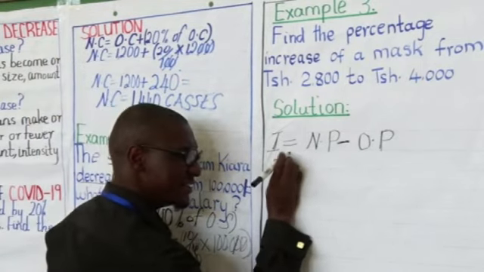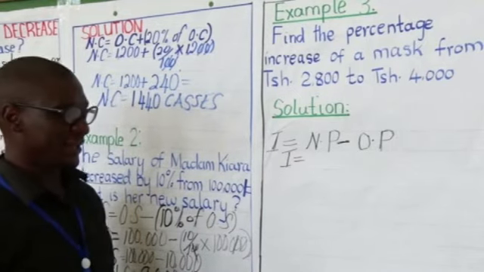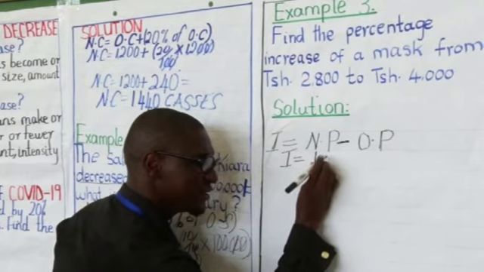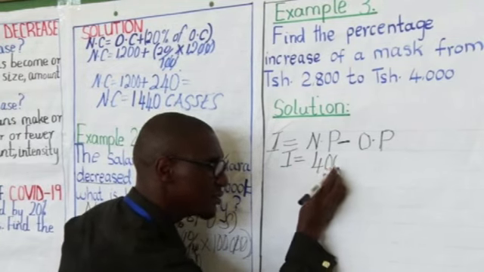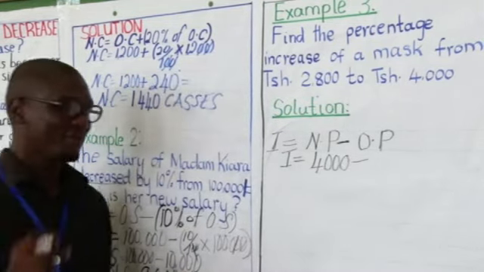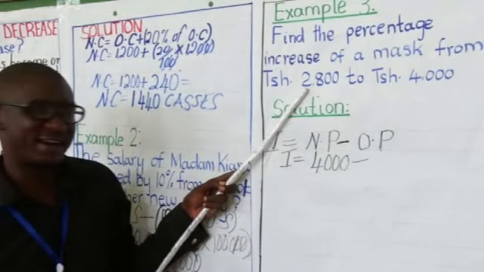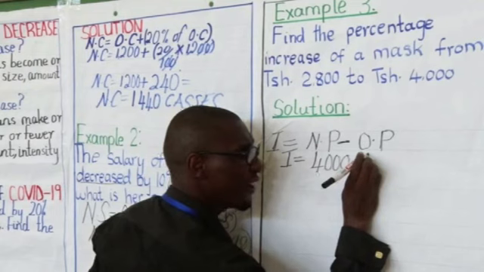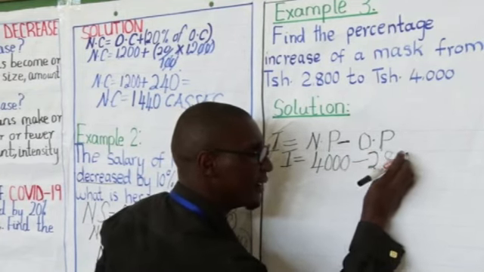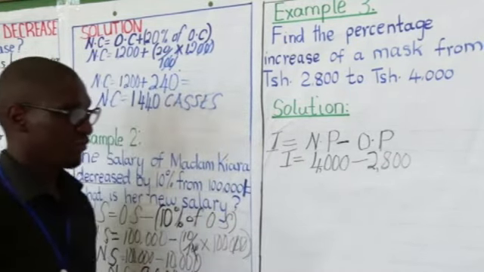So an increase will be obtained by taking 4,000 as the new price after the increase, and subtracting the old price before the increase, which was 2,800. I can put a note here to show this is in thousands.